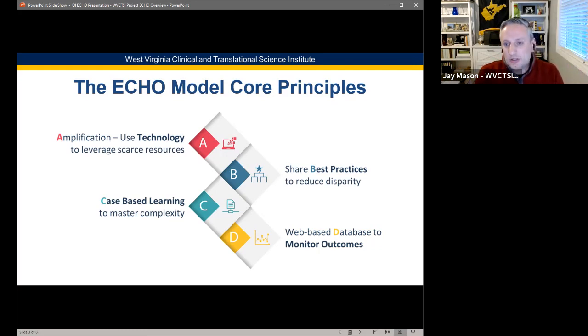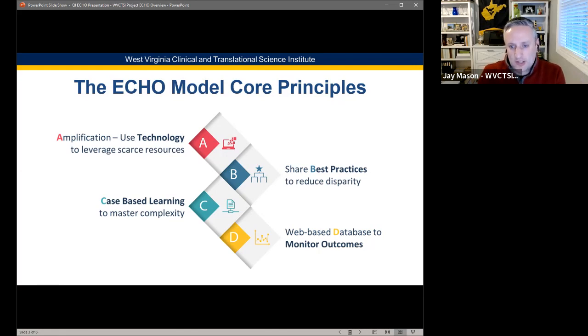Case-based learning. Our ECHO's a little bit different in how we're doing the cases, but traditionally cases are presented at each session in an ECHO, and they're really the driving force for the ECHO program. This one's going to be a little bit different, where the first half of the cohort, the 6 sessions, we're going to be mainly dealing with educational materials, didactics, going over the basics of QI, getting everybody familiar.